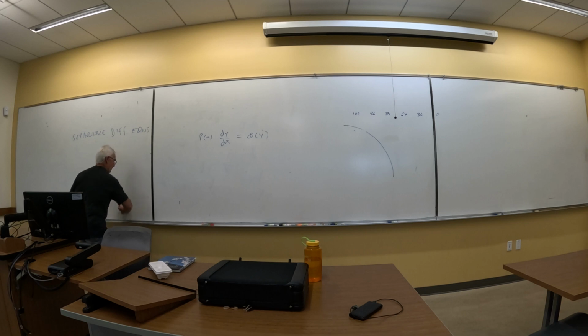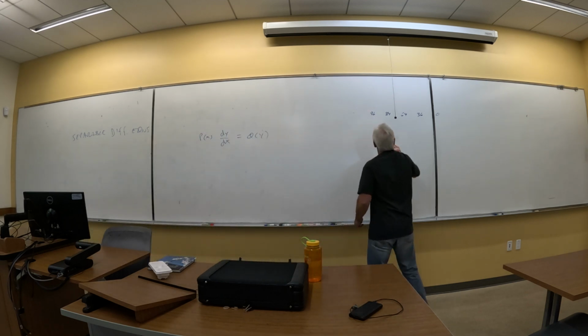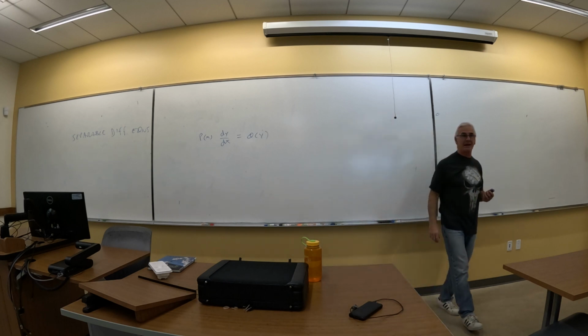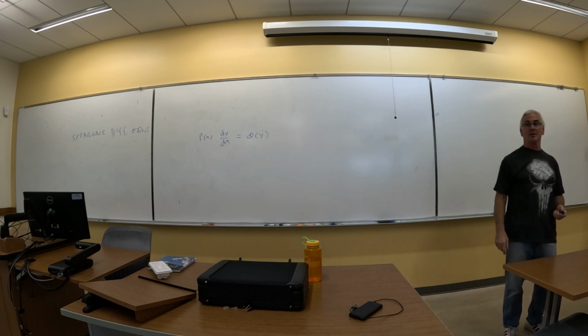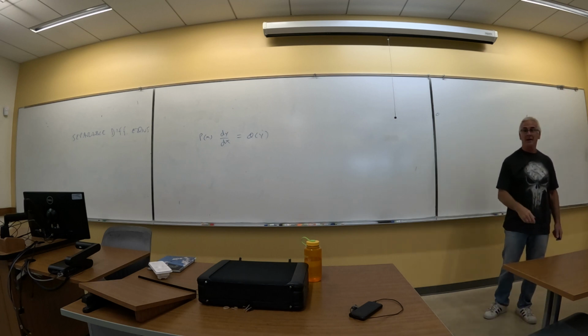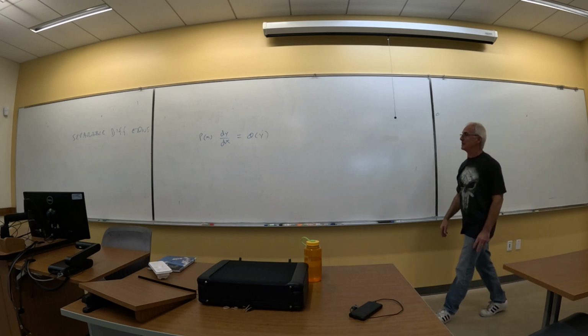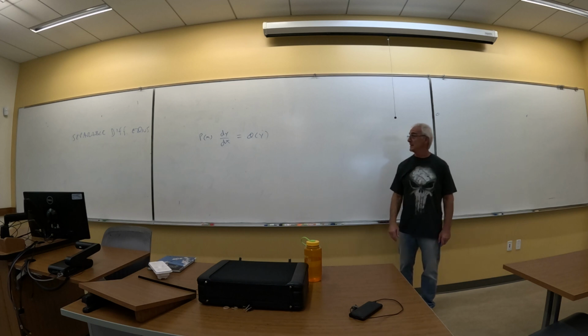So I'm going to go back and remind us of some things. I reviewed integration by substitution today in my Calc 2, and I was surprised at how many people were not really certain that was what they were supposed to be doing. Well, when I'm solving a problem like this, my dependent variable is y, my independent variable is x, so any integration has to be done with respect to x.